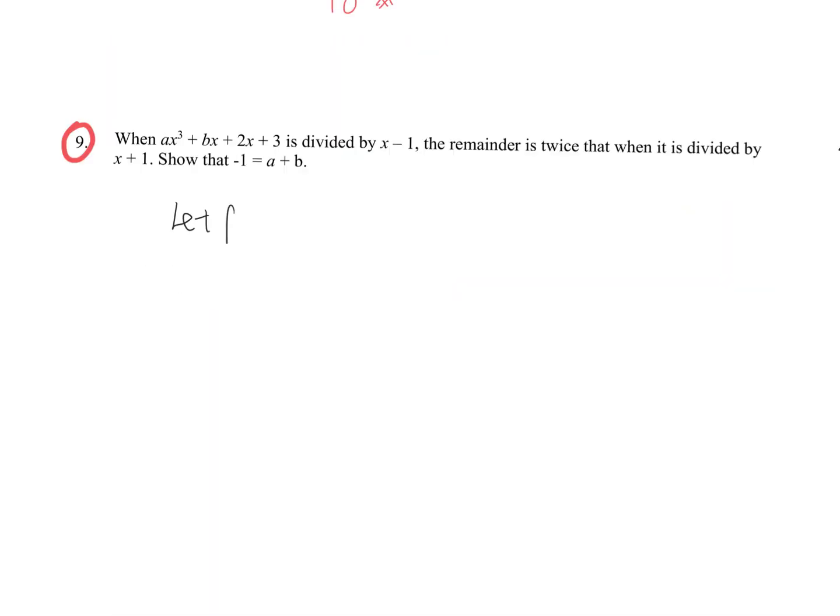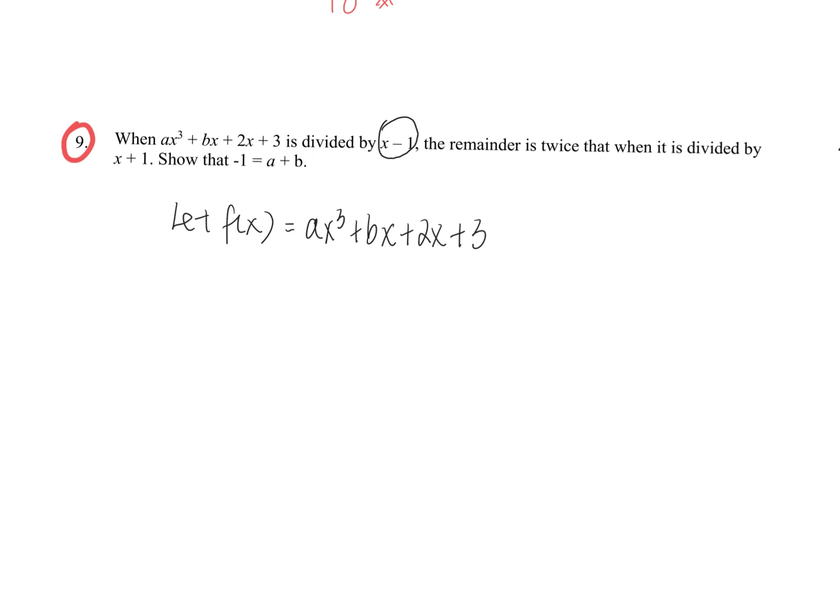Let f of x be the expression. So always let it be f of x first. If you like g of x, p of x, up to you. Okay, but define it first. And then they say when it is divided by x minus 1.